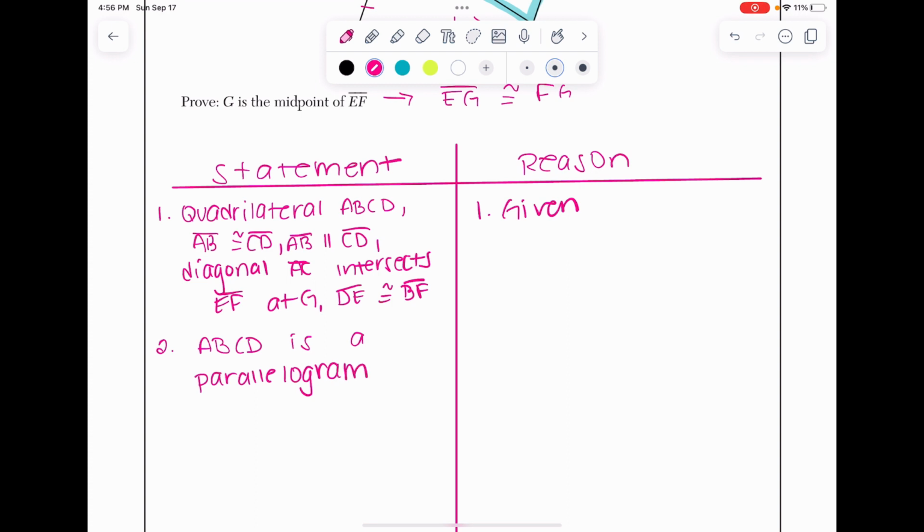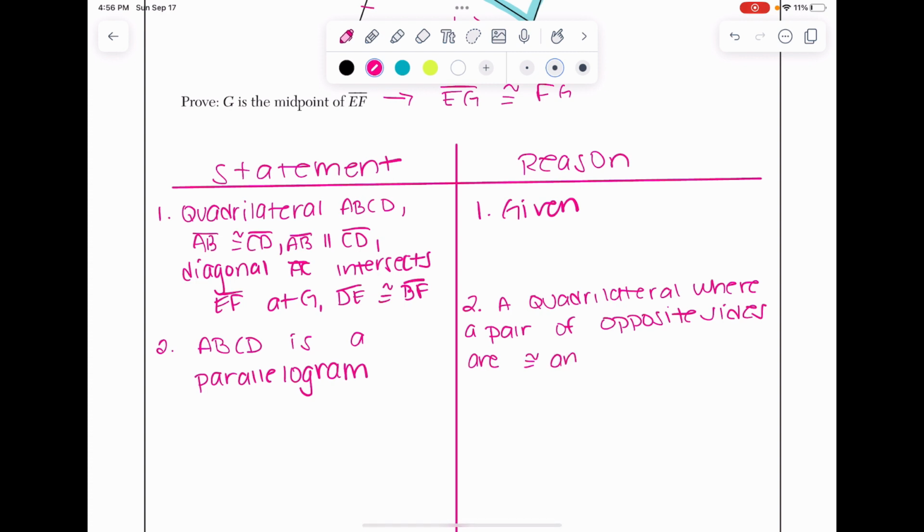My reason for this is going to be a quadrilateral where a pair of opposite sides are congruent and parallel is a parallelogram.